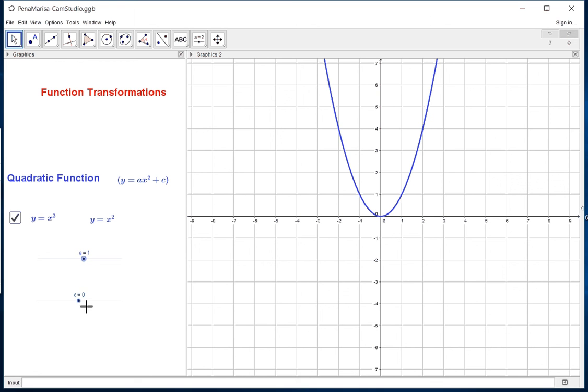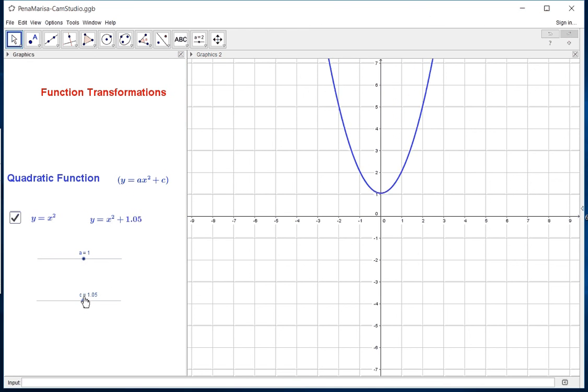And let's study now the effects of changing c. Okay, if I move my c in the positive direction, I can see that my graph is being shifted upward. So again, just like the linear function, changing the value of c affects vertical translation.